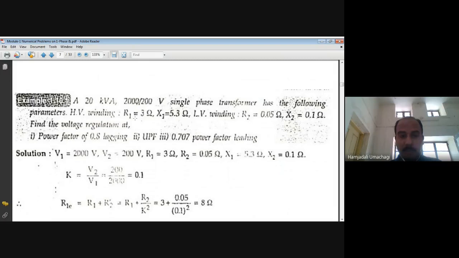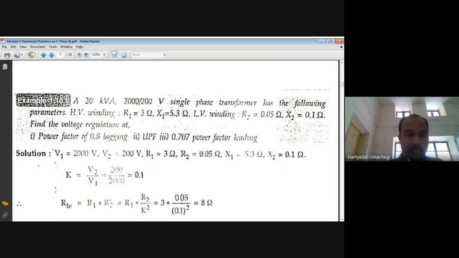So these are the parameters of the high voltage winding. Your primary side is the high voltage winding, whose resistance R1 is 3 ohms, its reactance X1 is 5.3 ohms. Similarly, the secondary winding is the LV winding, its resistance R2 is 0.05 ohms, and its leakage reactance X2 is 0.1 ohms.